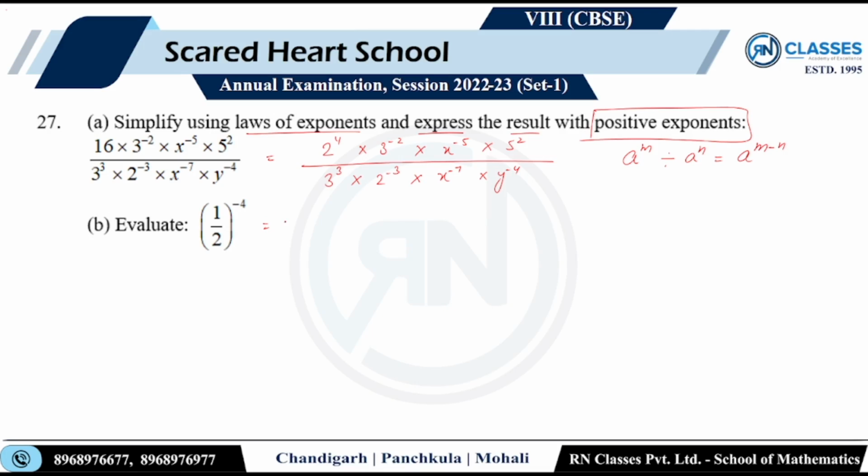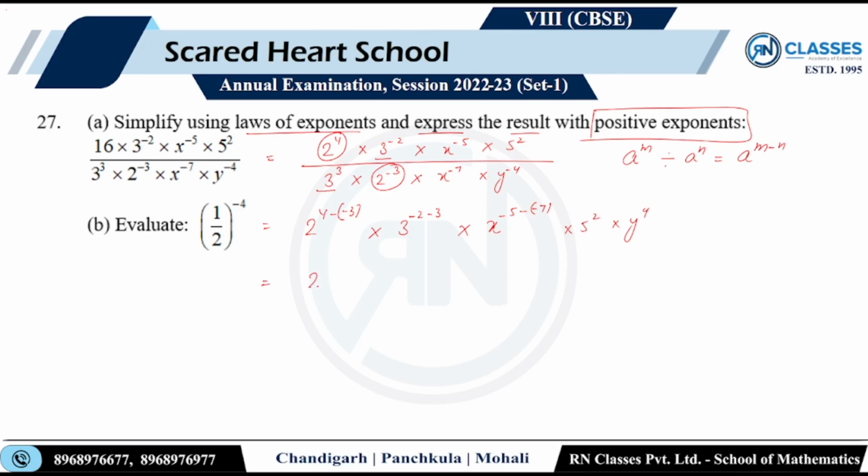So, now 2 raised to the power 4 and 2 raised to the power minus 3. So, 2 raised to the power 4 minus of minus 3. Right? 3 raised to the power minus 2 minus of 3, जो मैंने यहां से उठाया, into x raised to the power minus 5 minus of minus 7 into 5 square into y raised to the power 4. Right?